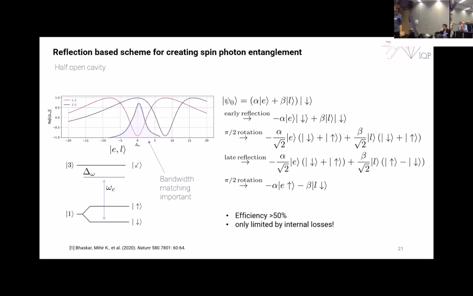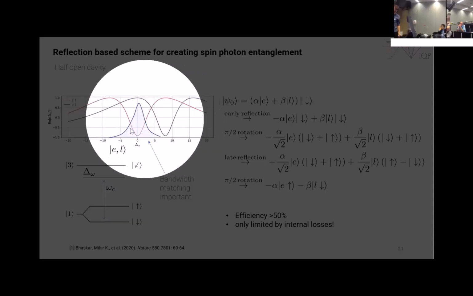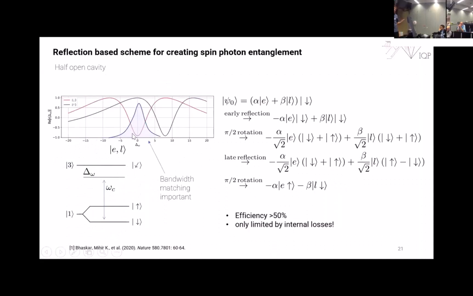Since this is frequency dependent, if you had a very broadband photon, then the phase wouldn't be perfect over the entire frequency range of your photons. So this can produce a fidelity issue at this gate. So you have to either carefully engineer this cavity to match your photons, or play with the source photons to get high fidelity entanglement.